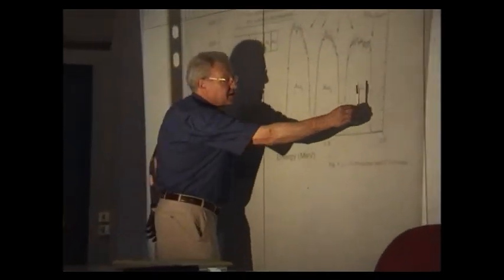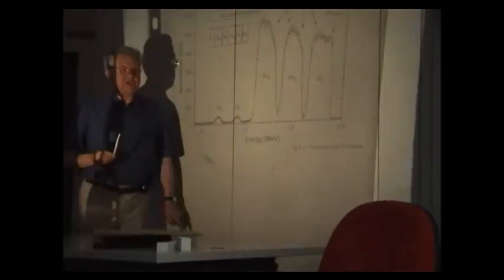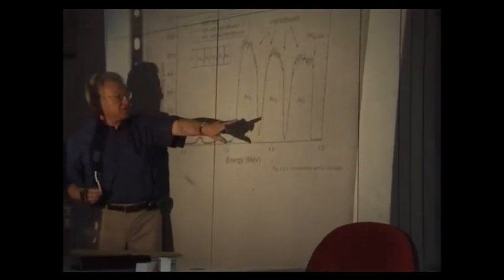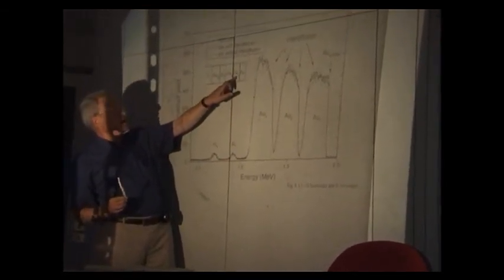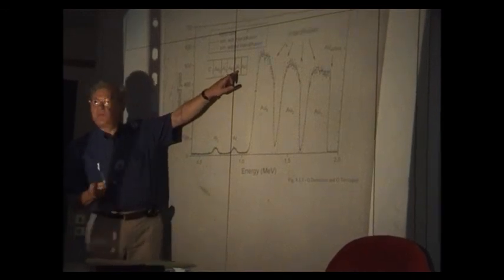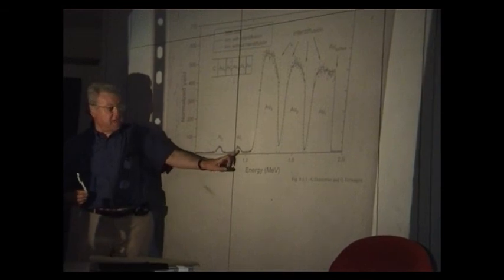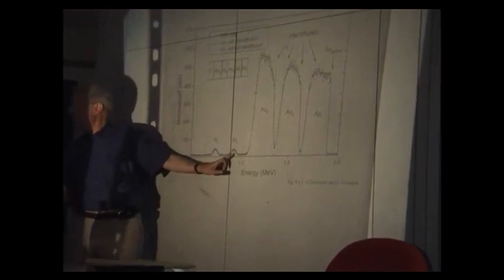Then when you have a succession of heavy elements, light elements, and so on, you see that you can distinguish the first layer of gold. The second layer is a layer of aluminium, but the energy scattered on aluminium is lower, and the signal of aluminium is in this region.